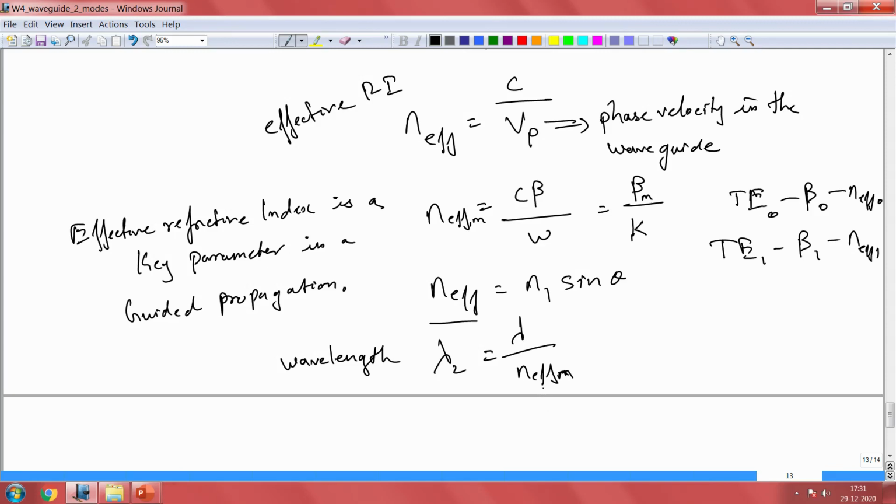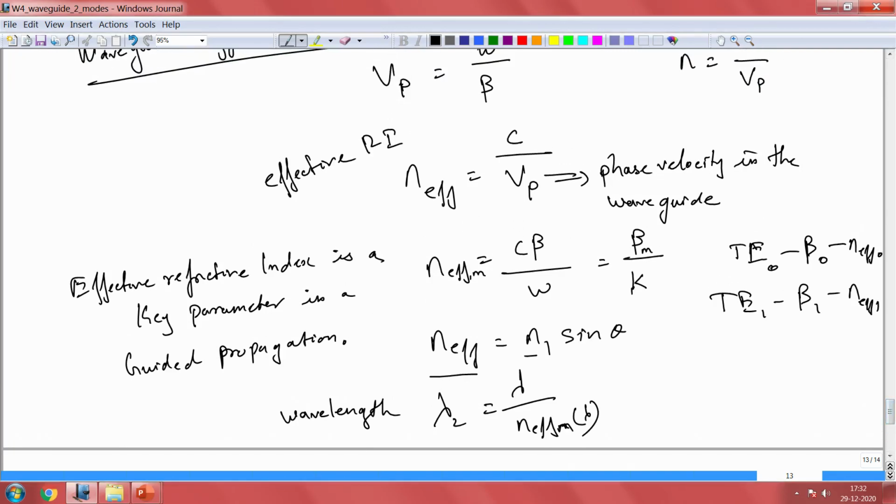The lambda is a function of whether it is free space or in the medium, but n effective is related to n, and that is one of the reasons why n effective is also a function of lambda. All this is related to the dispersion that we already discussed in detail earlier on.